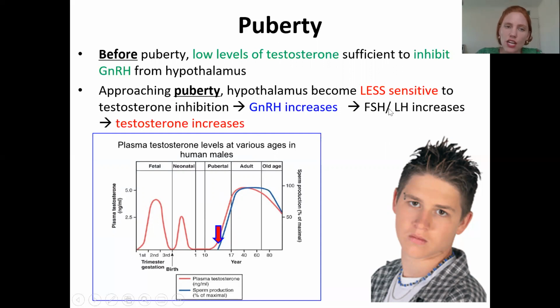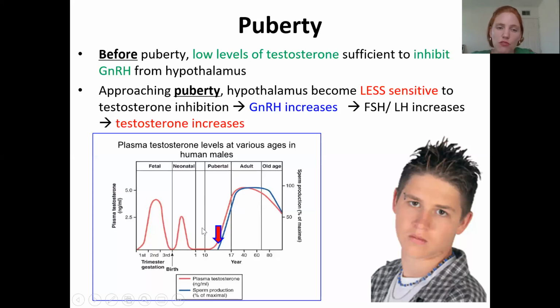And that increase in LH is going to result in an increase in testosterone. So basically what's happening here is it's just resetting the threshold. That's really what it is. Okay, so you're still doing the negative feedback loop, but you've reset the threshold so that the testosterone levels are going to be maintained at a higher level.